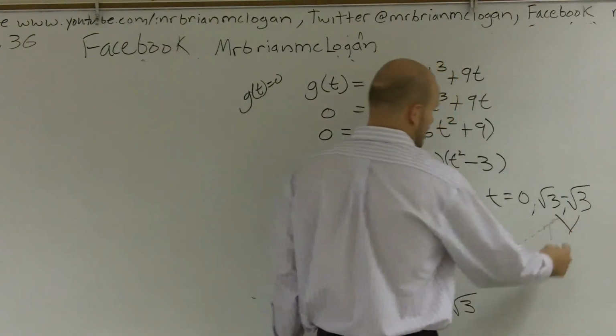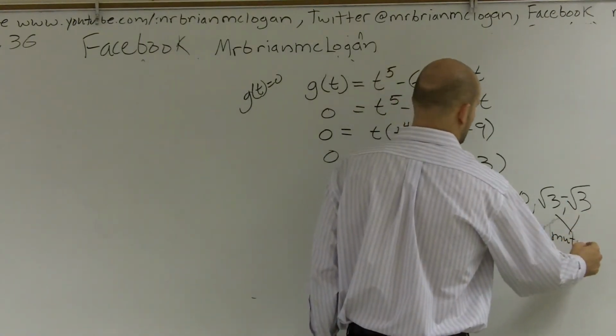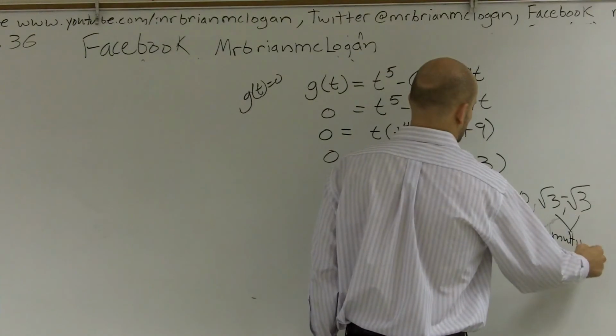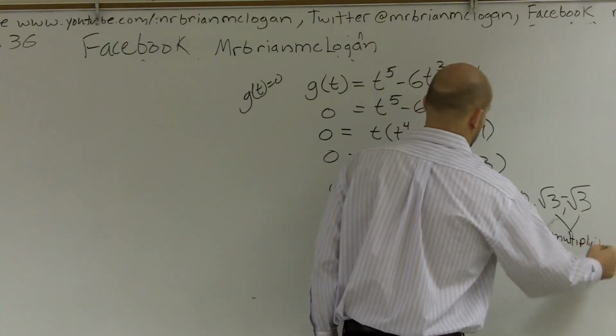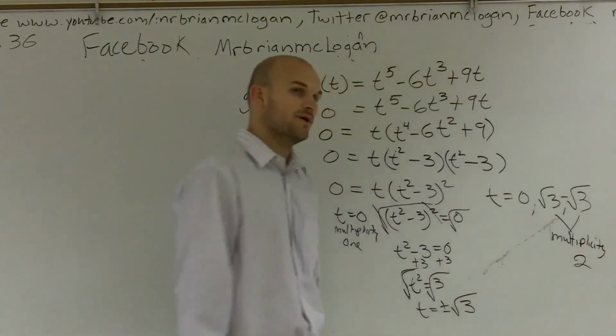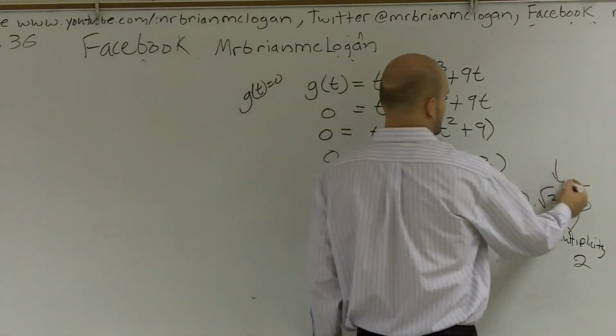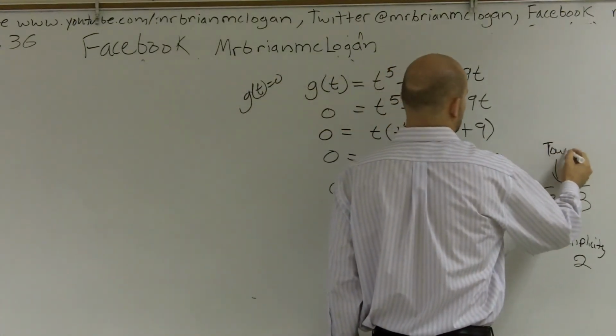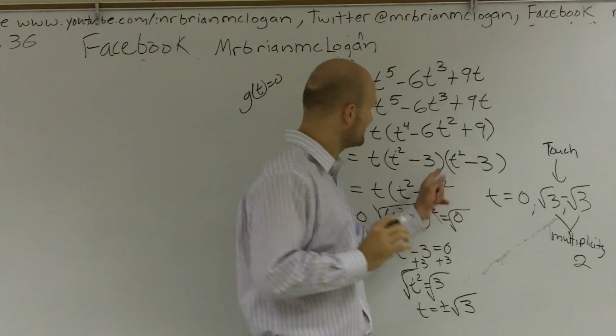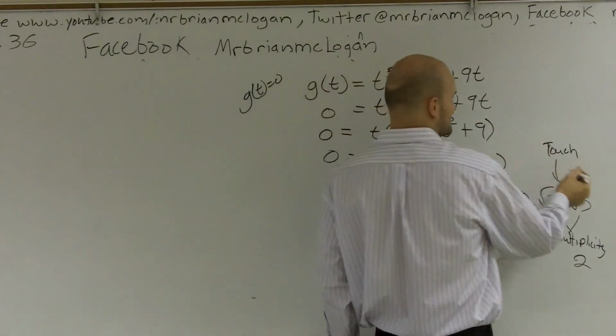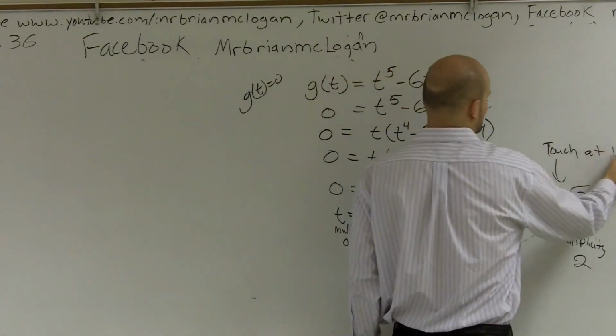Both of the square root zeros have a multiplicity of 2. What it means is the graph is going to just touch at these two intercepts, a nice little touch.